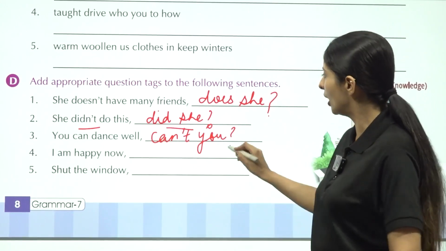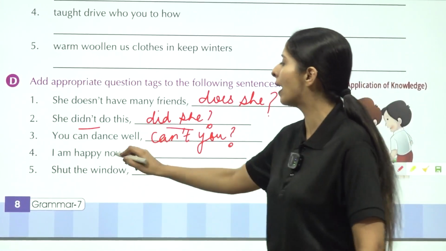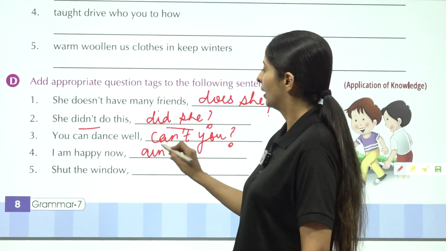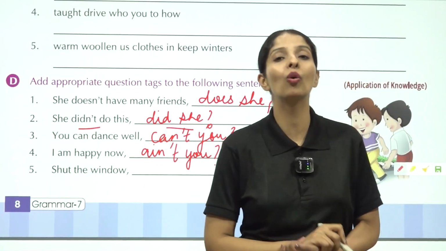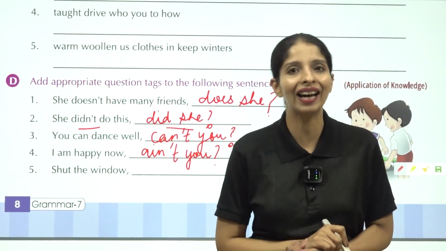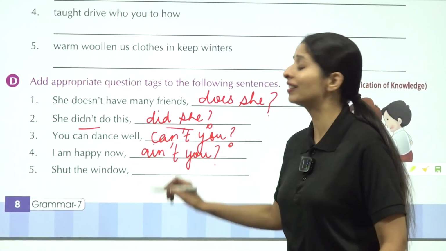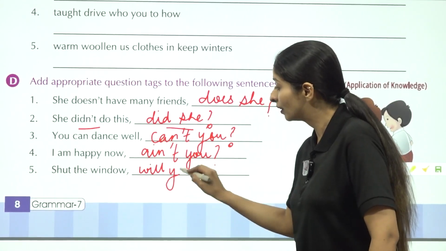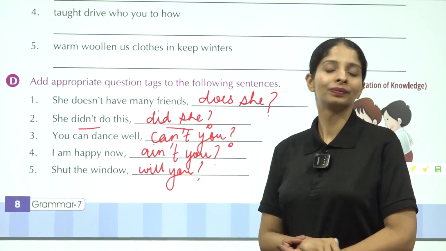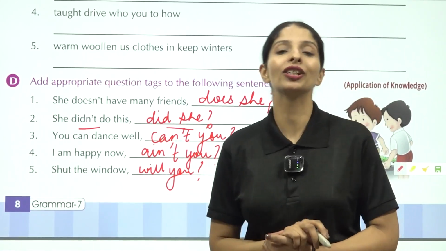I'm happy now, aren't I? So this way you have to add the question tags. Next is shut the window, will you? This is how you add the question tags.